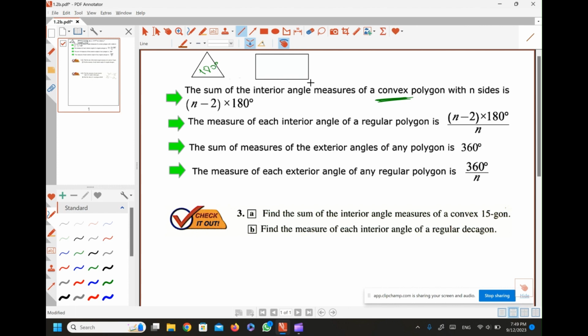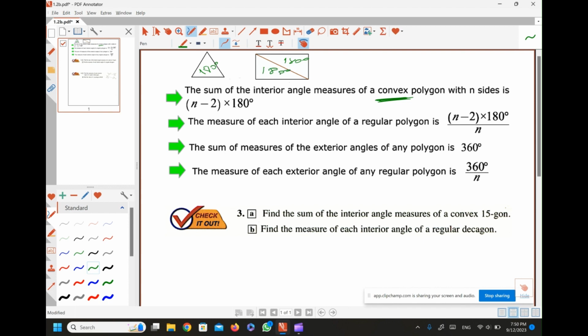So we have a rectangle here. I can get triangles from a rectangle by dividing it into two. When you have a diagonal here, that diagonal divides the rectangle into two triangular parts. What we know is the interior angle sum of a triangle is 180 degrees.